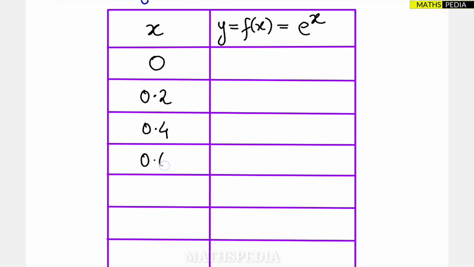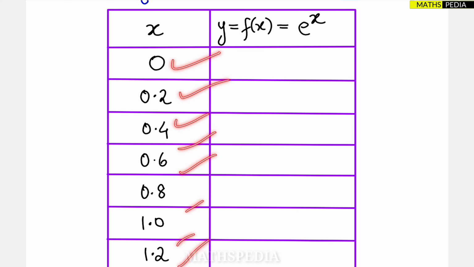So it will be 0.6, 0.8, 1.0, 1.2. See here, you started with 0 and arrived at 1.2, and the width of each interval is 0.2 only. So start with the lower limit and keep on adding 0.2, and you will arrive at the upper limit.